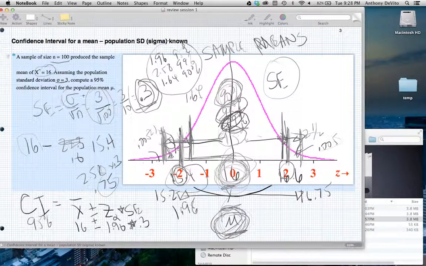We have to know the population standard deviation, sigma, exactly right, because that gives us the confidence to say we know this distribution well enough to make that assumption that we can use these standard deviations to give us the range of values that we can capture, that we know with that level of certainty we've captured the mean. Okay, so again, let's see how we did.